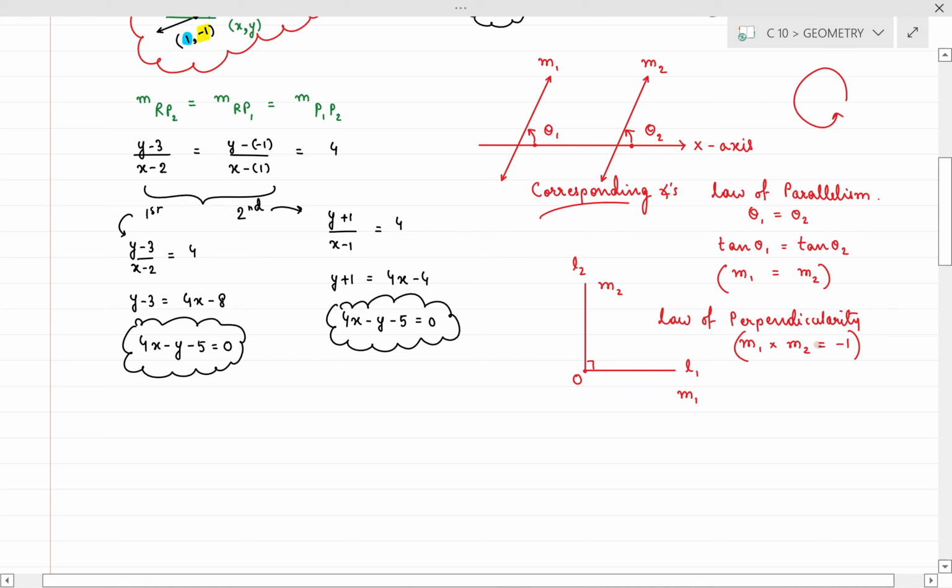So in case of law of perpendicularity, the product of slopes will be equal to minus 1. So if you know the value of first slope, the next value will be negative reciprocal. If you know the value of second slope, the first one will be negative reciprocal. It is very simple.